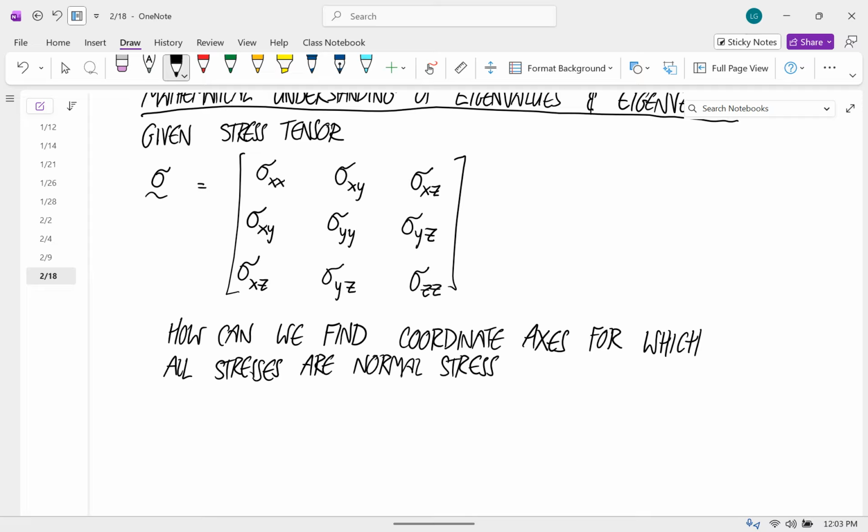Okay, so as a first hint about how to think about this, say that this principal stresses idea hadn't been invented yet, how would you think of this stuff?